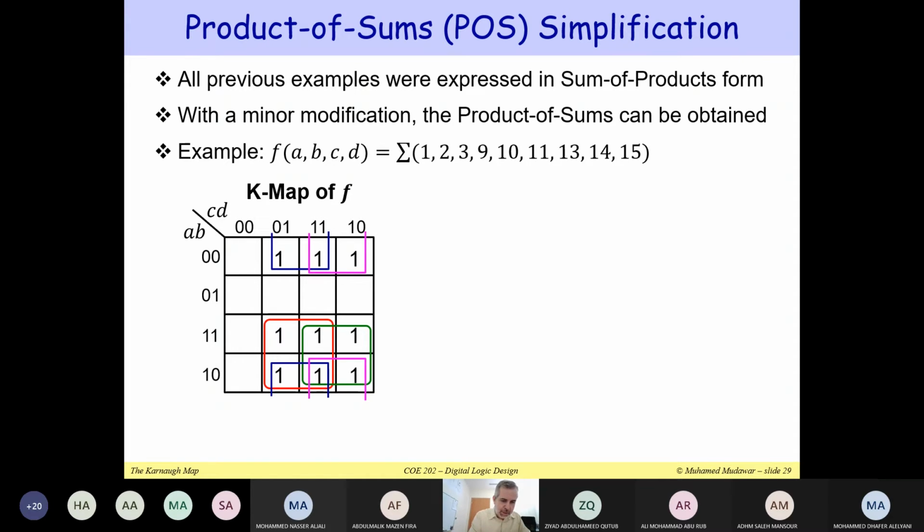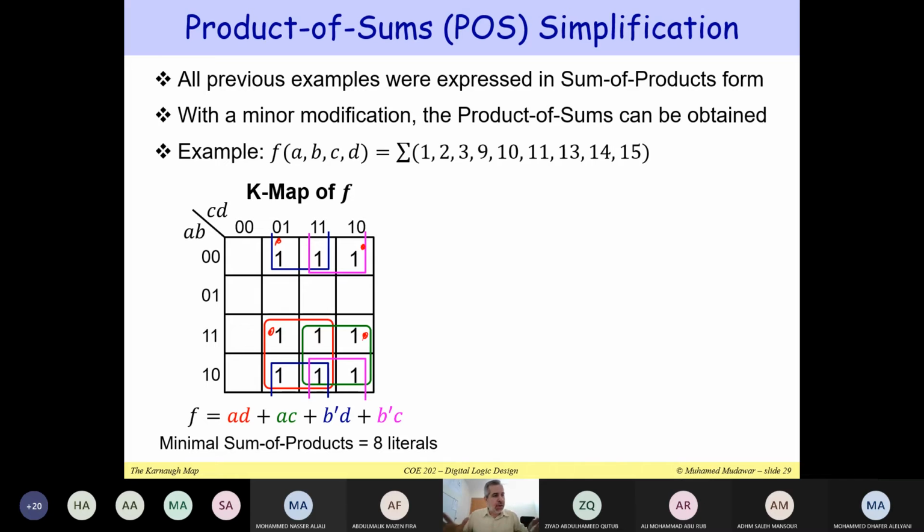Now you can see this is essential because of this minterm here. The green is essential because of this minterm here. The pink one is essential and the blue one is essential. So therefore we have a unique solution. We have 4 essential prime implicants and they cover all the ones. So I have to have them in the solution and my solution is unique and it has 8 literals.